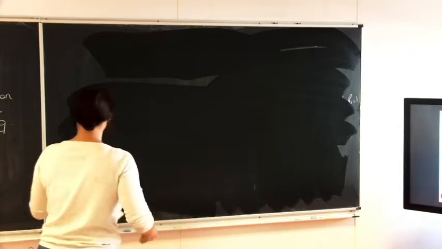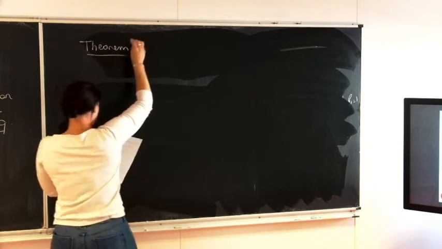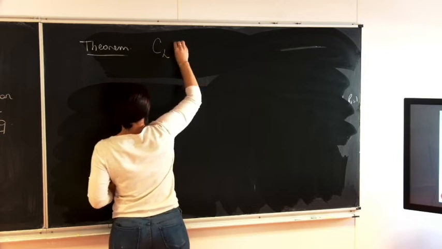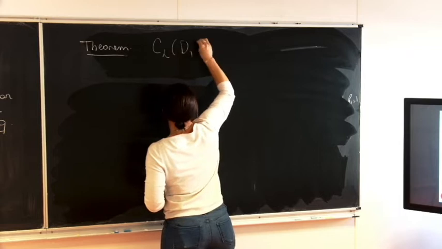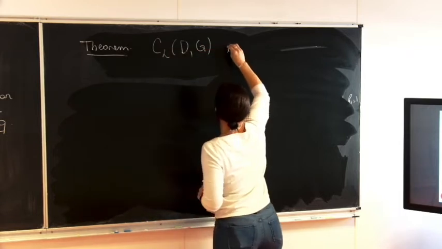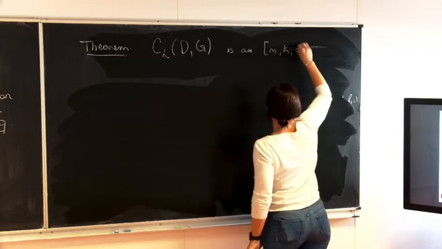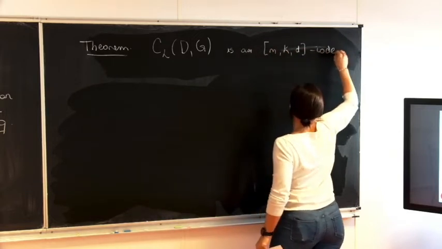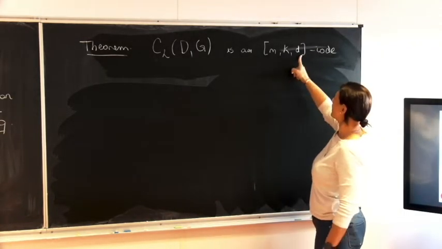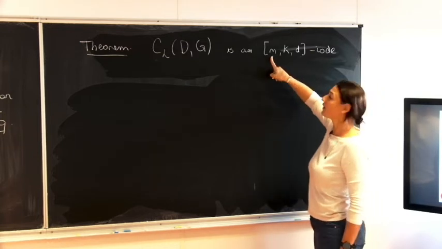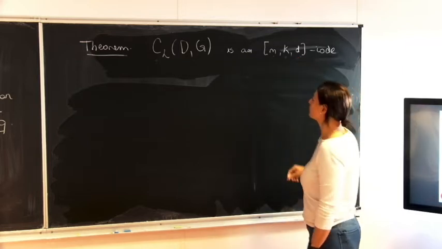So we have this theorem that the AG code associated to divisors D and G is an [n,k,d] code. Remember that we said that was an [n,k,d] code if n was the length, k was the dimension, and d was the minimum distance.